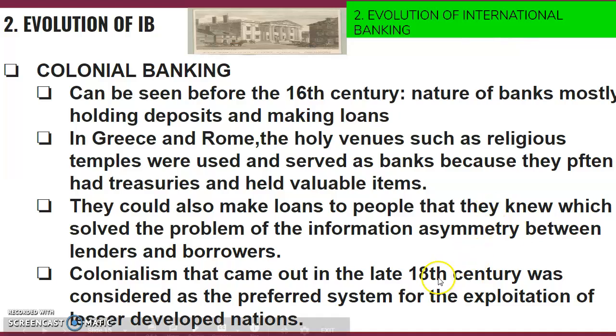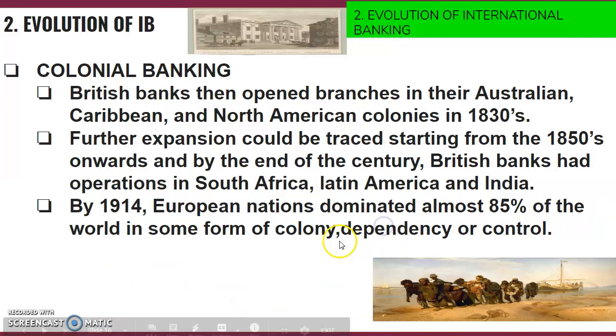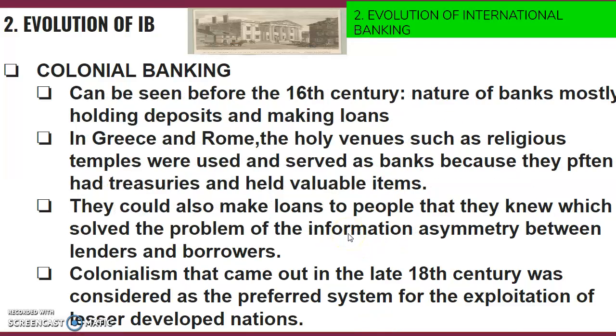And colonialism that came out in the late 18th century was considered as the preferred system for the exploitation of the lesser developed nations. Maknanya dekat sini bila bermulanya tahun 1800 tu dah wujud dah sistem-sistem perbankan yang macam ni, dan dia memang cuba exploit especially negara-negara yang kurang maju, yang masih lagi miskin.